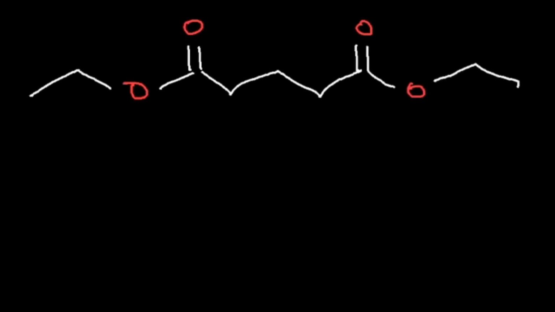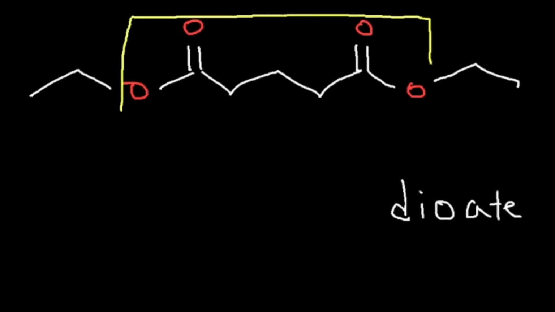How can we name this particular ester? So because we have 2 ester functional groups, it's going to be a dioate. Now the part in the middle is the part that is associated with the esters. It has the 2 oxygen atoms.